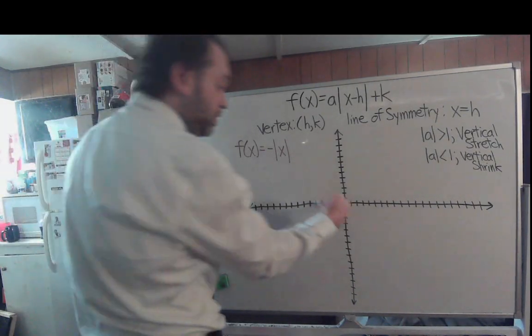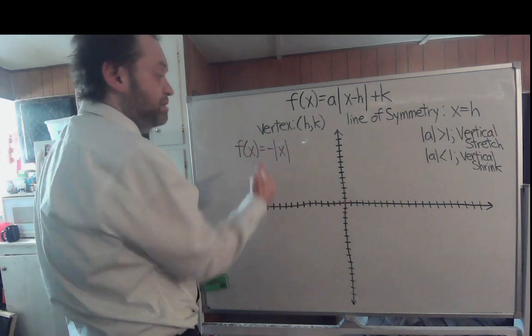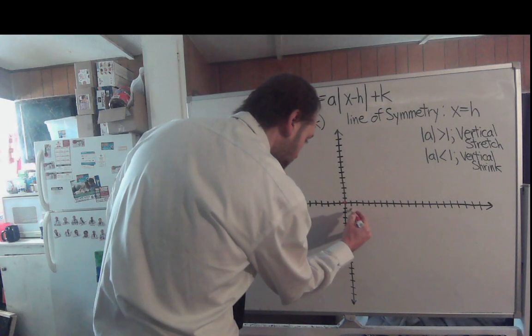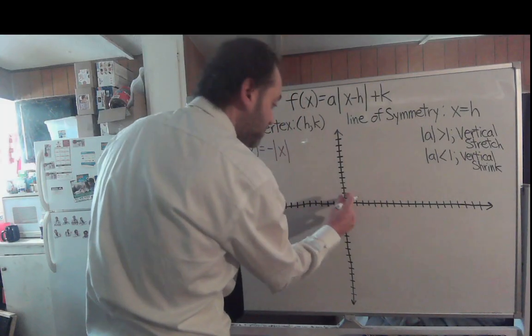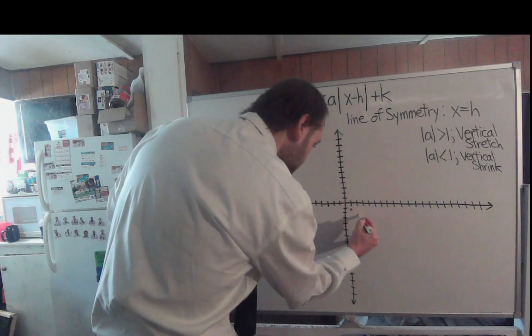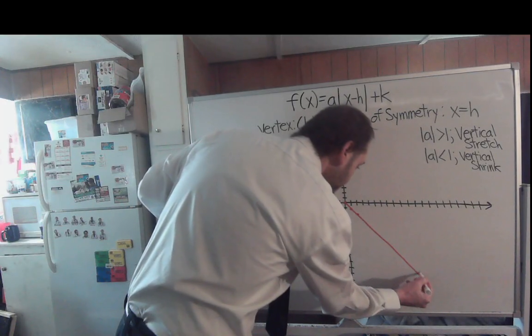If I put in 1, the absolute value of 1 is 1, but the negative sign in front of that makes it the coordinate 1, negative 1. If I put in 2, I would end up getting 2, negative 2. So far we're going down this way.